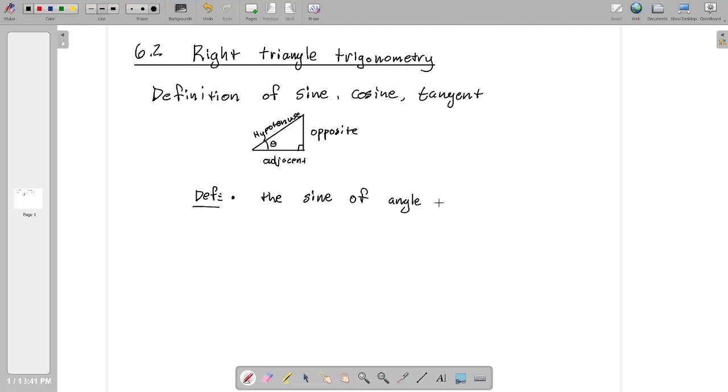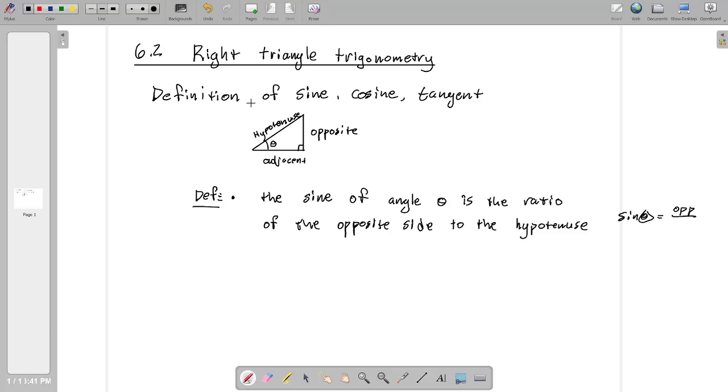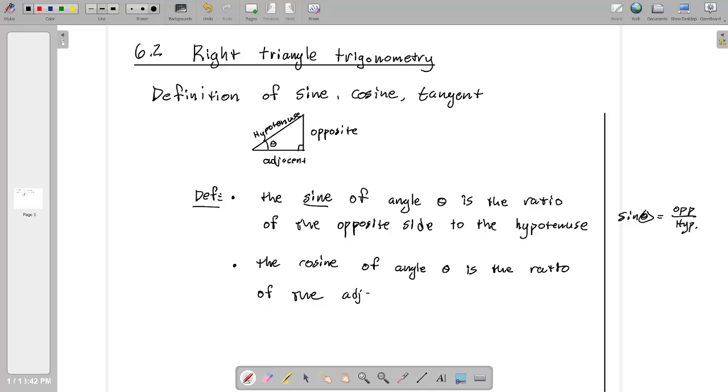The sine of angle theta is the ratio of the opposite side to the hypotenuse. When we say ratio, what I mean is we're going to define sine of theta to equal the opposite side divided by the hypotenuse. Now cosine. The cosine of angle theta is the ratio of the adjacent side to the hypotenuse.